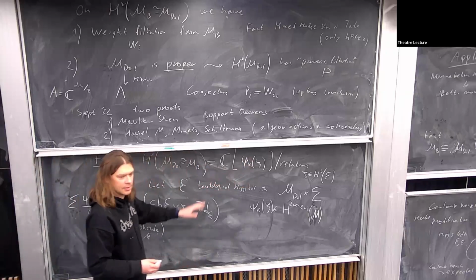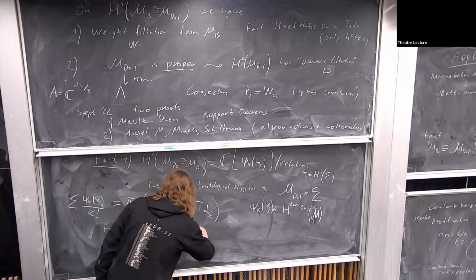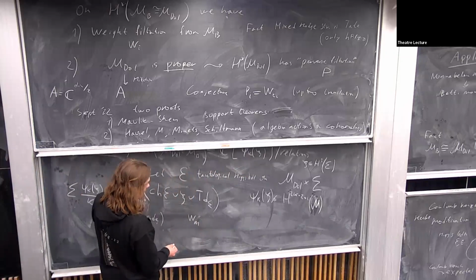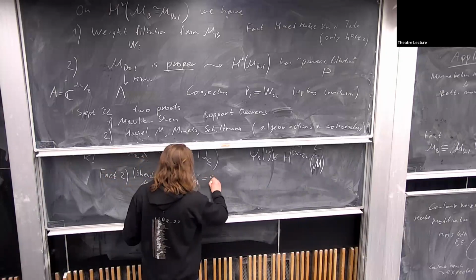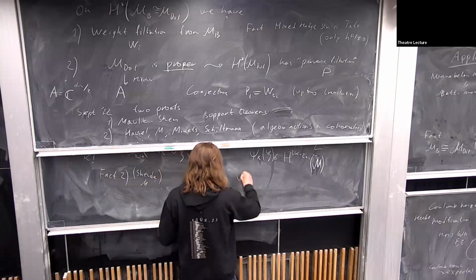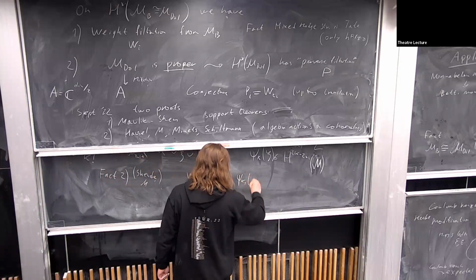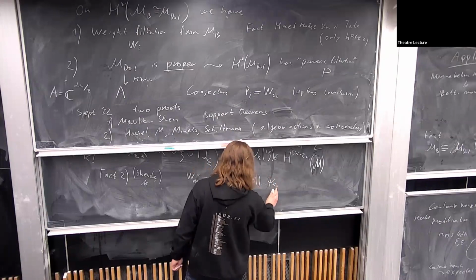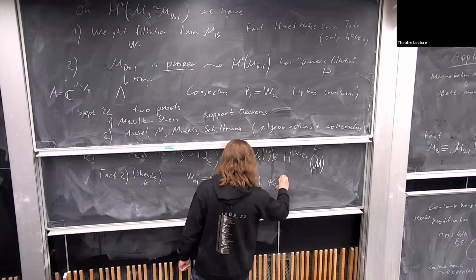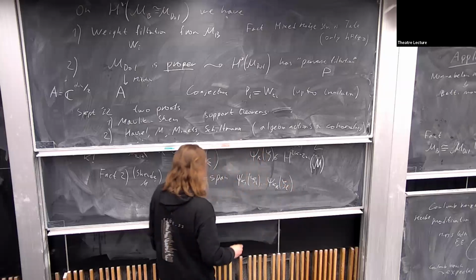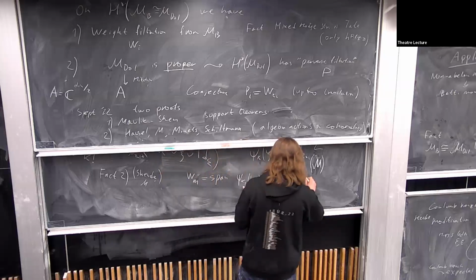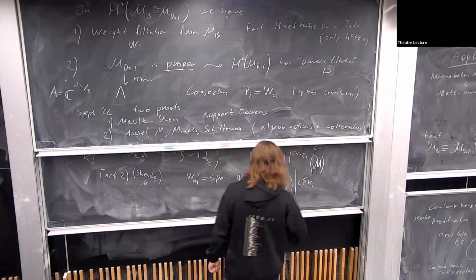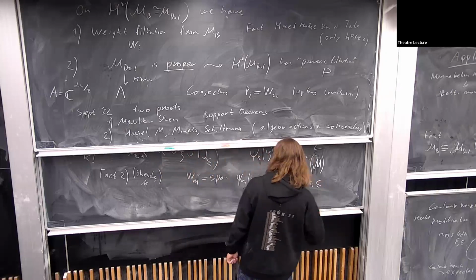That's what I want to say. So the weight filtration W_m is the span of the products psi k1 through psi kr, where the condition is that the sum of the weights equals m.